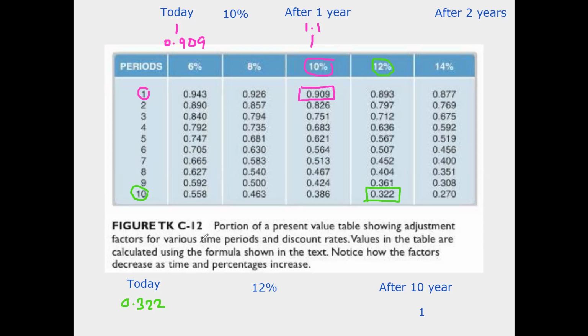So if I have 0.322 today, after 10 years with the 12% interest, we'll get 1. That means if you want to get 1,000 rupees, you have to have 322 rupees today. This is something you have to think about and you can calculate.